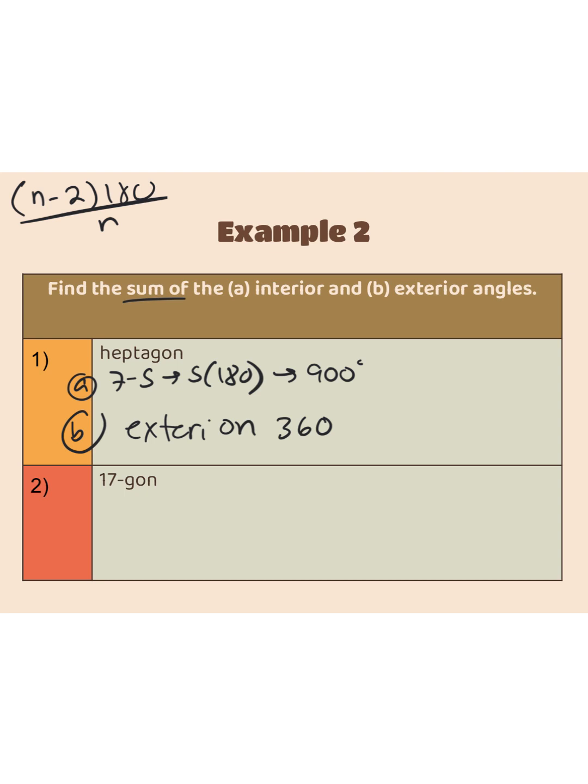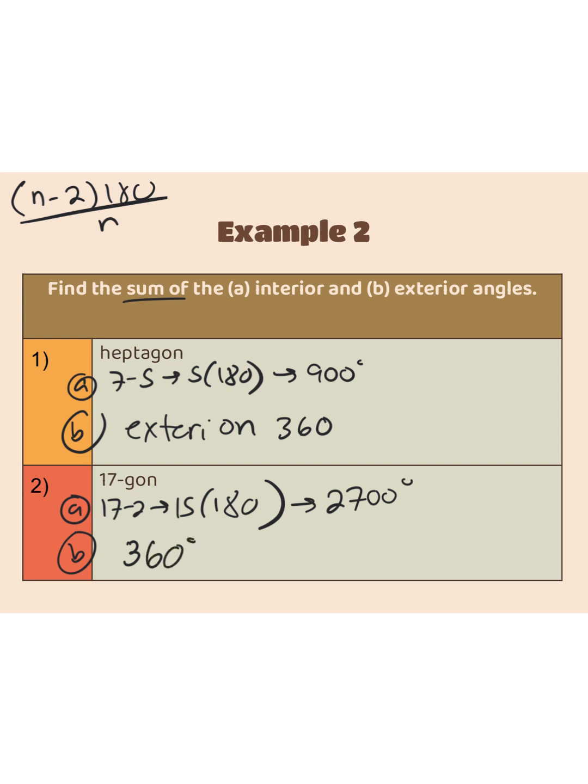And then for a 17-gon, for the interior, it's 17 minus 2. That's going to give me 15 times 180 for the sum. So 180 times 15 is going to give us 2,700 degrees. And again, for the exterior, it should be 360.